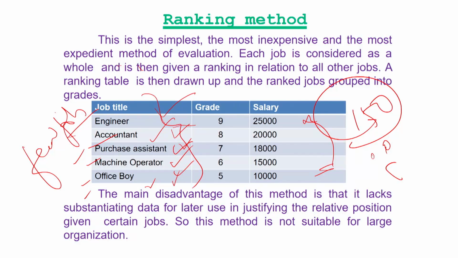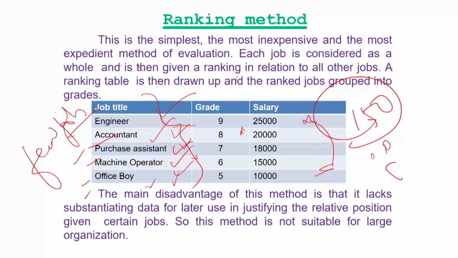Maybe the purchase assistant's job is more important than the accountant, but here the accountant has been placed at the second number and the assistant at the next level. So the judgments are very subjective, and there are more chances of bias, as I told you, because again it will be the decision taken by the evaluators, and we all know that the evaluators should have perfect knowledge about all the jobs, but frankly speaking, as an evaluator, it is not possible to have all the information about all the jobs.